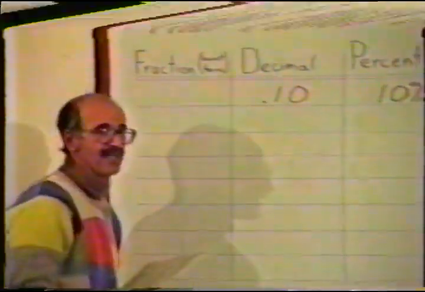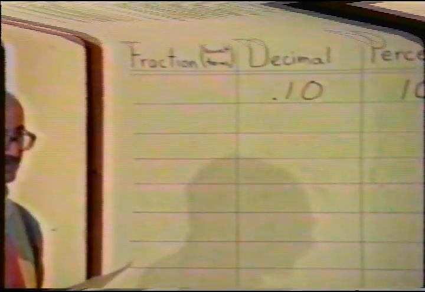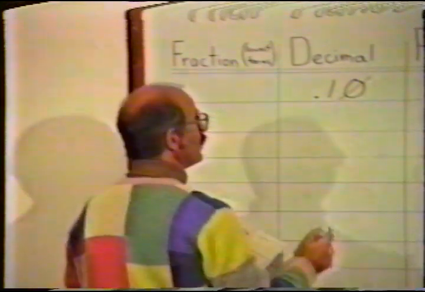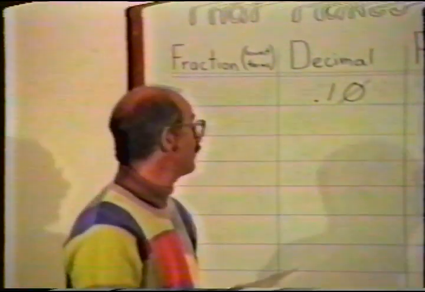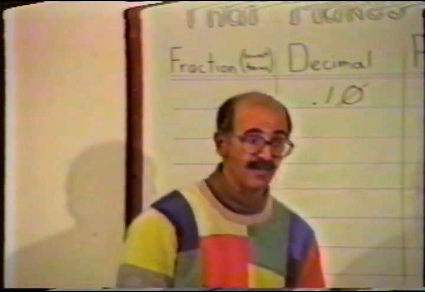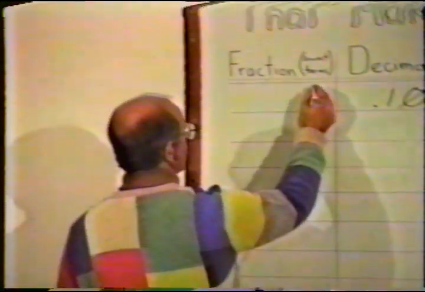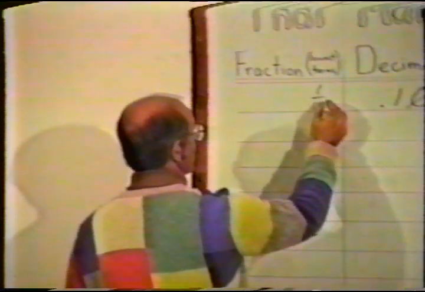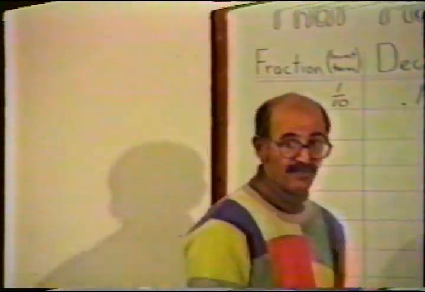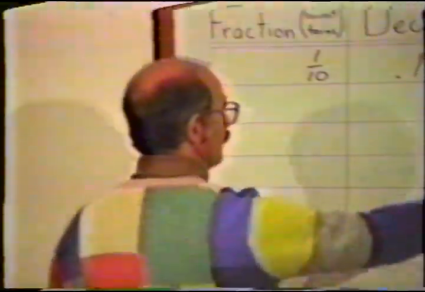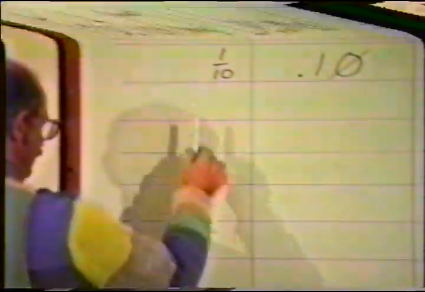Read me that number. 10 hundredths. But I can take off this 0 here if I want to and still have the same number. Now read me that number. 1/10. And I'll write that as a fraction. Can that be reduced? No, it can't. 10%, 1/10.